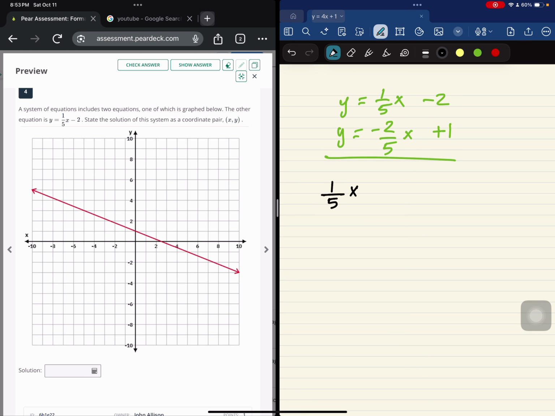Since y equals 1/5 x minus 2 and y equals -2/5 x plus 1, we can say that 1/5 x minus 2 is equal to -2/5 x plus 1.